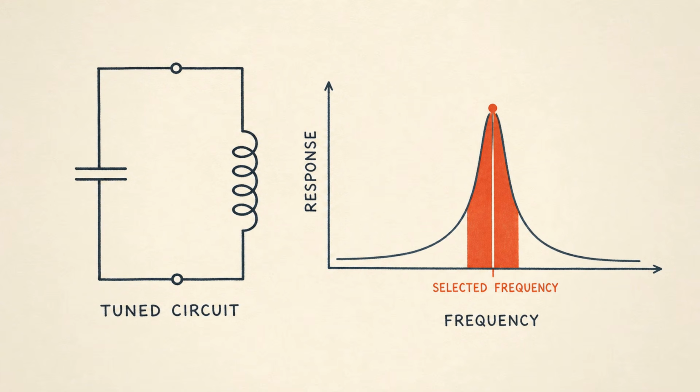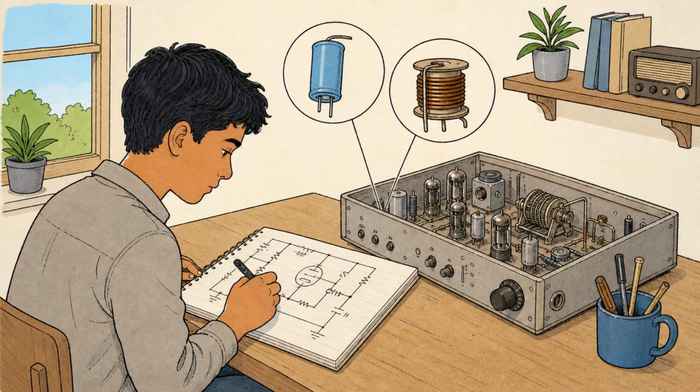Tuned circuits help with that selection. This idea is called resonance. A full radio receiver is more complex than one capacitor and one inductor, but the basic idea starts here. Electronic components can be arranged so that one frequency is selected more strongly than others. That is why basic components are not just exam facts. They are part of how radios actually work.